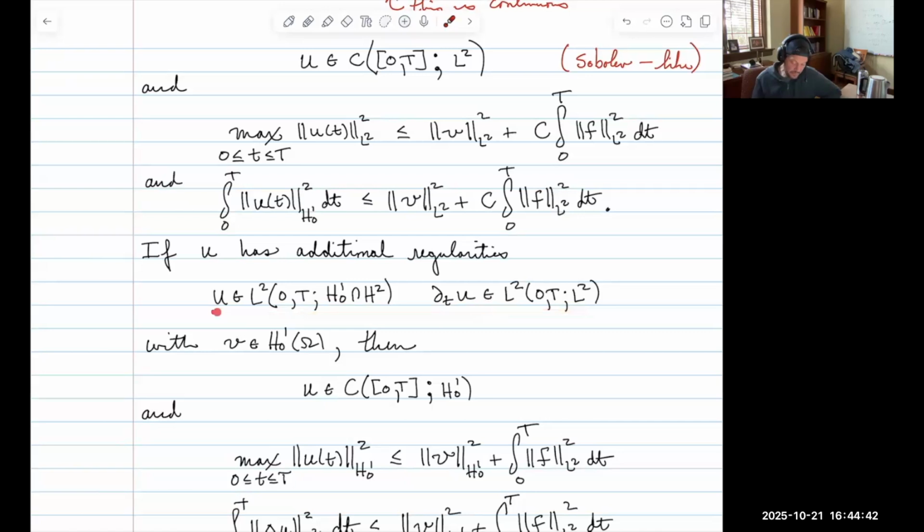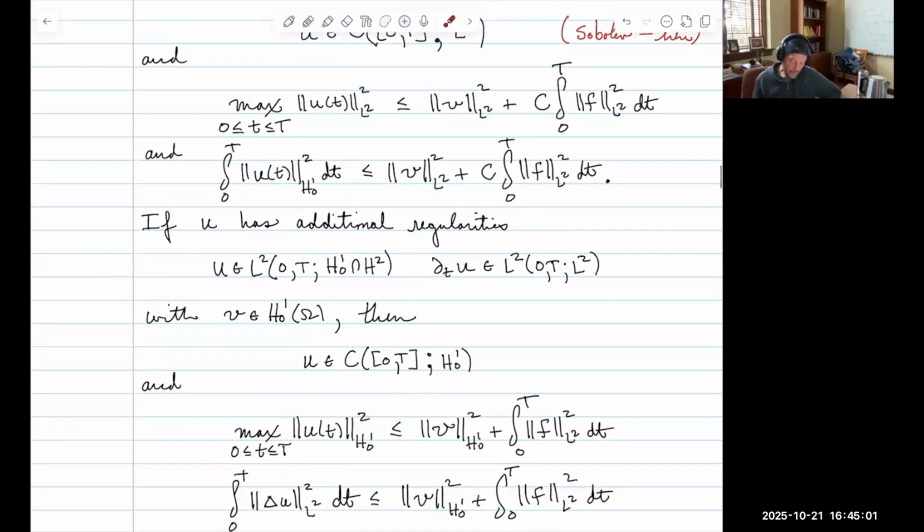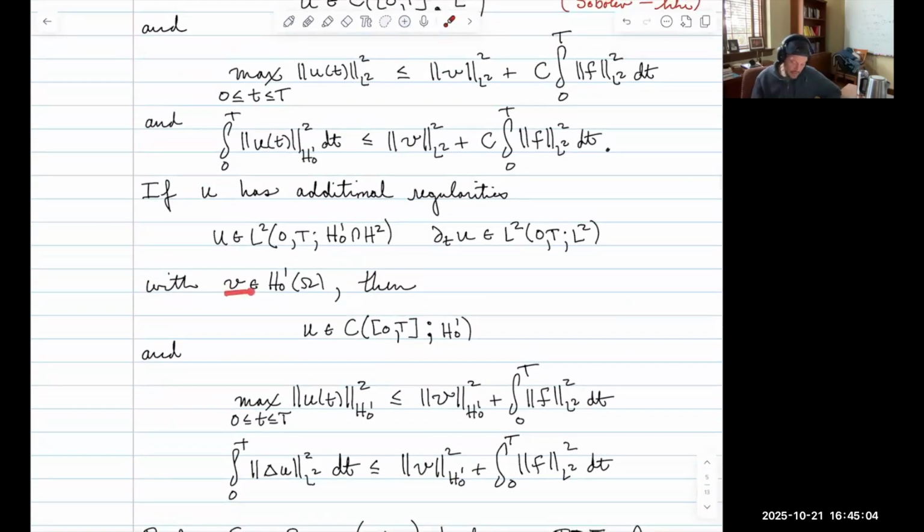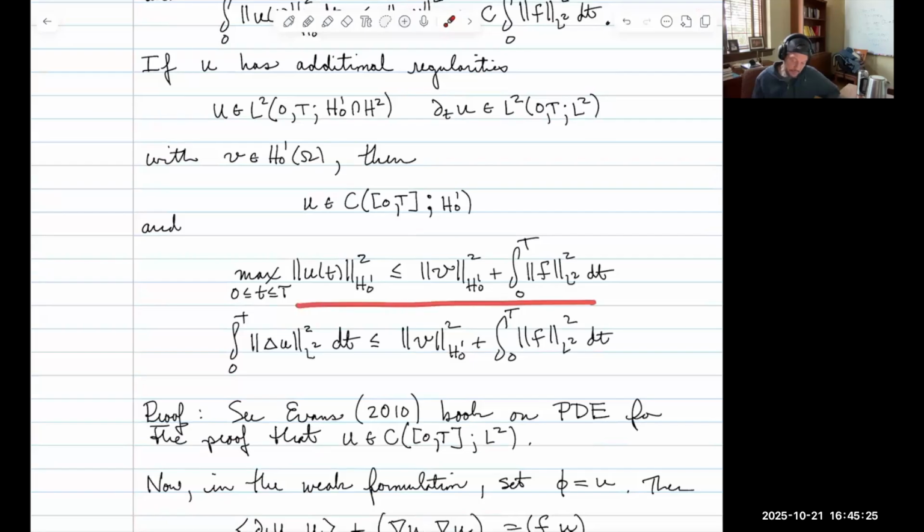In other words, if the spatial part of u is better than H01, but actually H2, and the temporal derivative is in not H minus 1, but actually L2, and assuming that the initial data are better than L2, assuming that the initial data is weakly differentiable, and in H01, in fact, then it turns out u is a continuous map from 0 to t into H01. And we have these energy estimates.